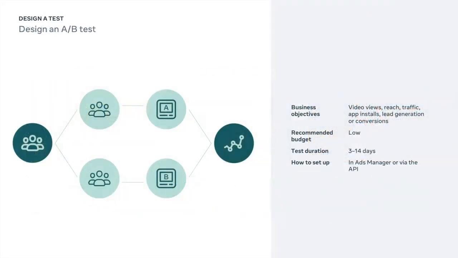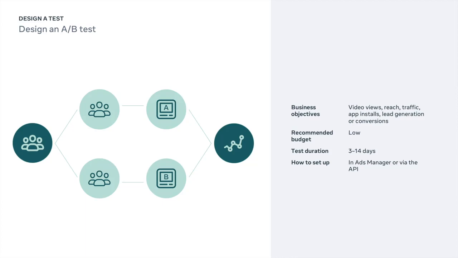A/B tests help you understand which campaign strategies work best and then make tactical optimizations. In an A/B test, your audience is divided into random, non-overlapping groups.